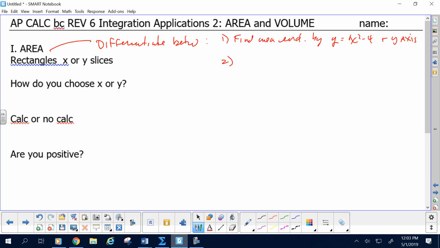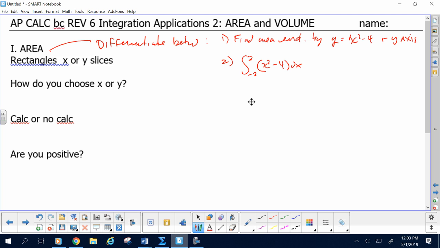The other is: evaluate this integral, negative 2 to 2 of x squared minus 4. Certainly there's a ton of overlap, but there is a difference. If the question says find the area, then it is implied your answer must be positive. It's got to be positive.